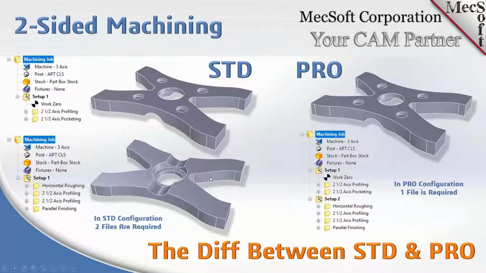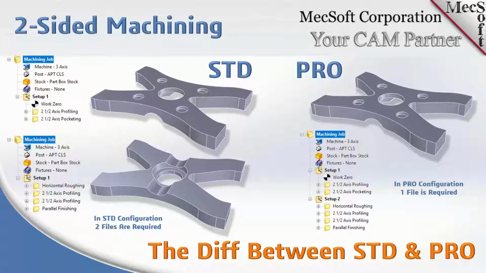Now, what's the difference between performing two-sided machining in standard versus professional? The major difference is, if you look on the right, for the standard configuration, you need two files. In the standard configuration, you have one setup which is oriented with your world coordinate system.